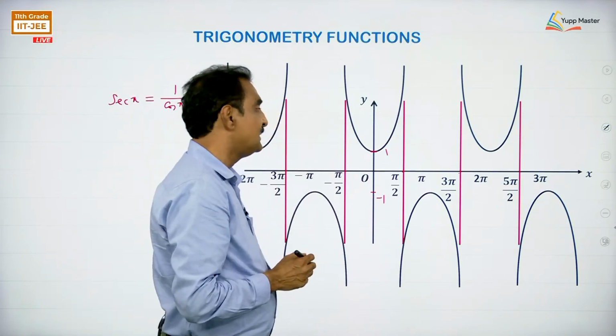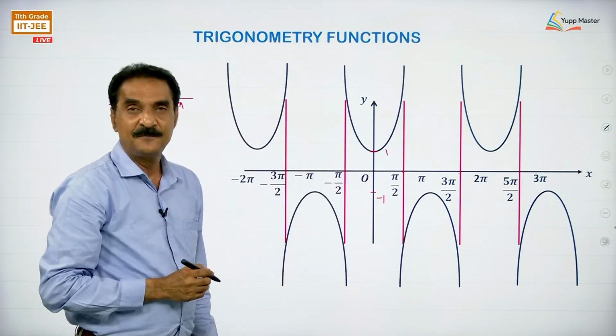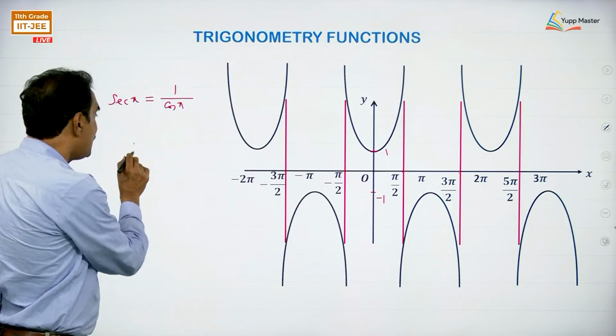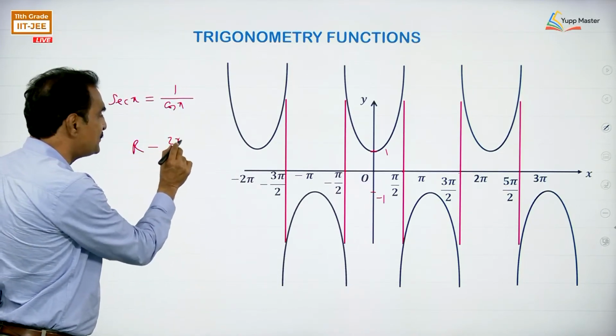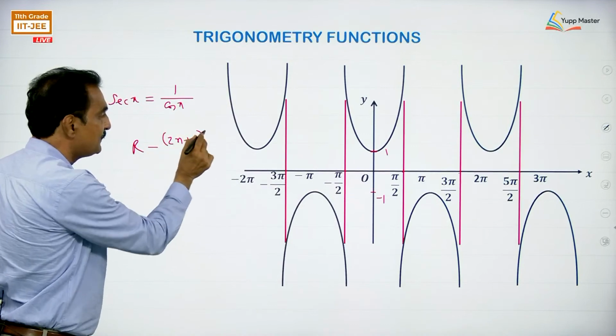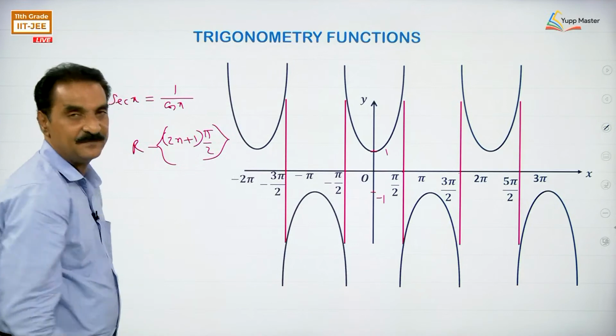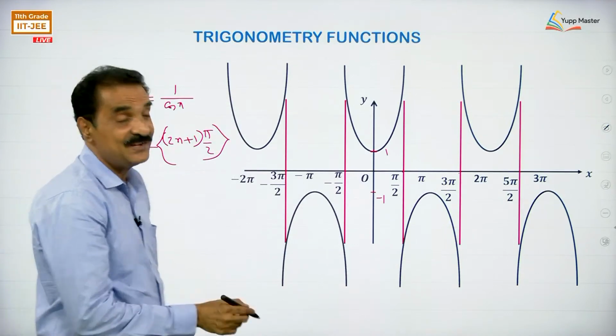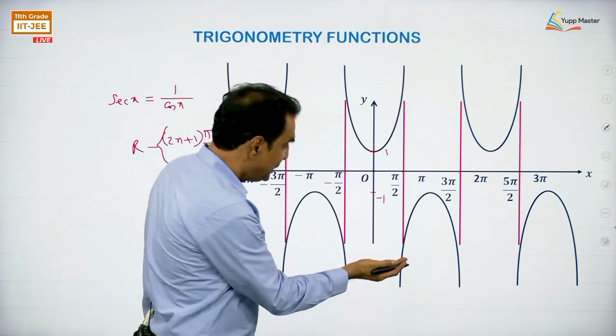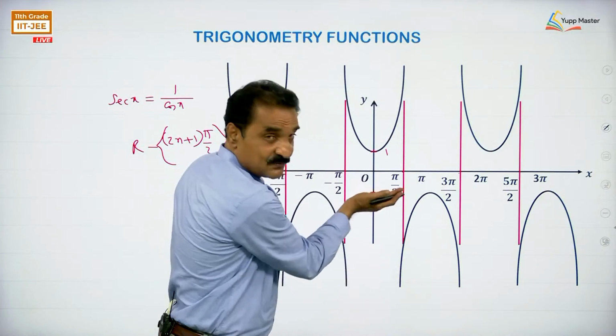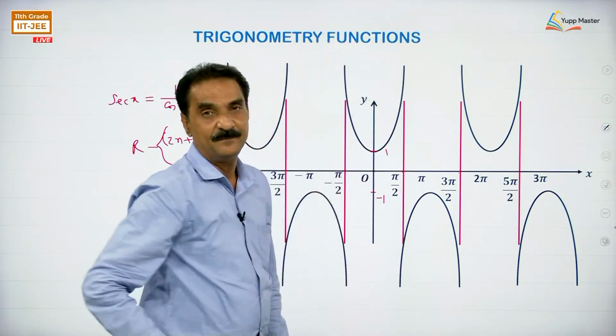Next, domain. Domain of secant x is R minus odd multiples of pi by 2, because at odd multiples it is not defined. Next, range. Range is, it can vary from minus infinity to minus 1 and 1 to infinity.